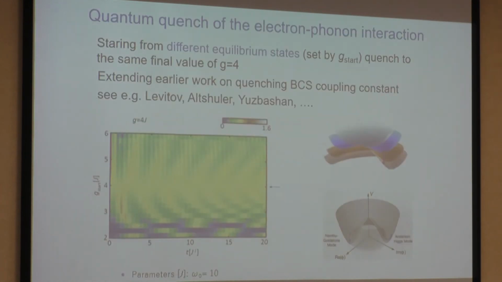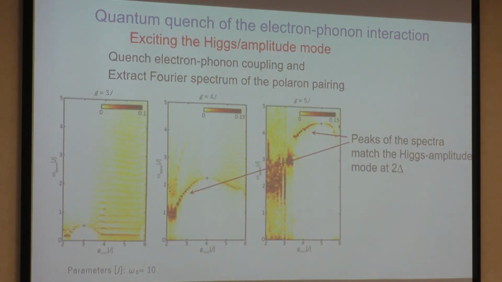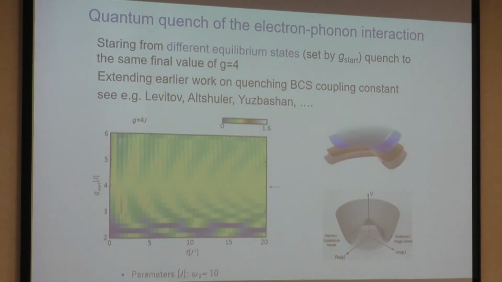And then just to remind you of what we discussed before: what happens if we start changing the value of the electron-phonon interaction and we look at the dynamics of the order parameter? We saw this Higgs oscillation, right? The fact that the order parameter amplitude was changing in time. That was derived using the equations that I showed you before. This was the color coding of the order parameter as a function of time.